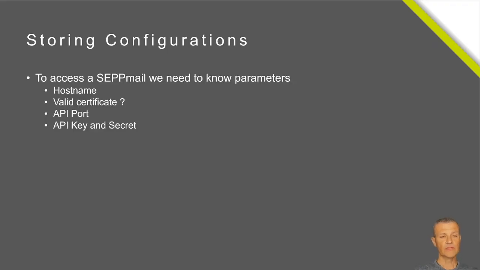So, configuration storage, as said, we need to store the hostname, the fact if it's a valid certificate, the API port, and most importantly, the API key and the secret in a secret place. And we don't want you to store this unencrypted, so we use these 2 modules, SecretManagement and SecretStore.